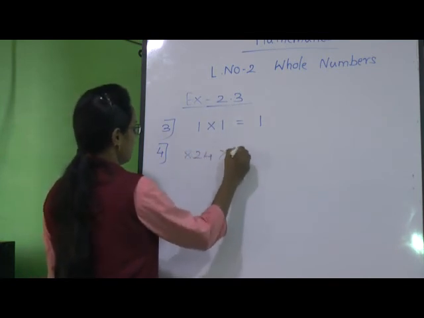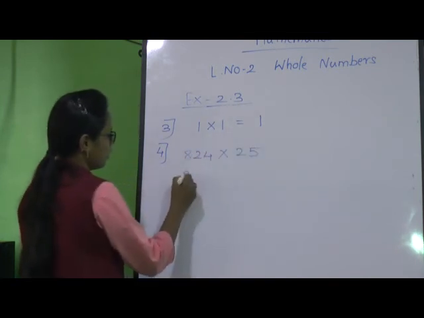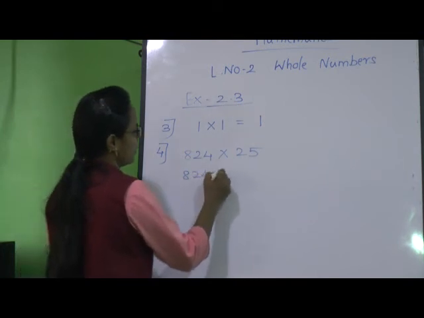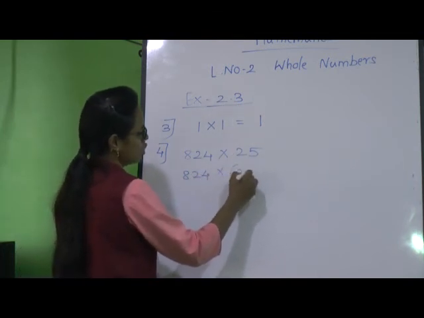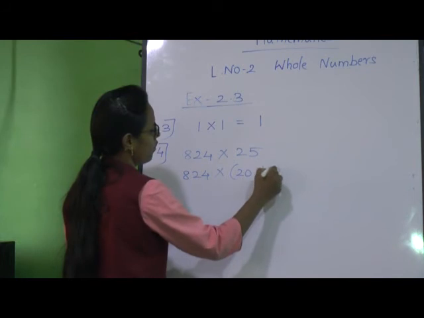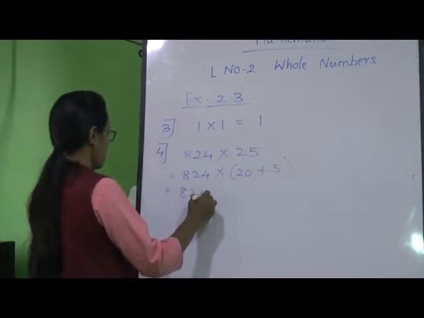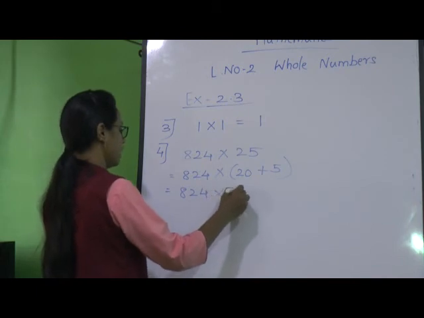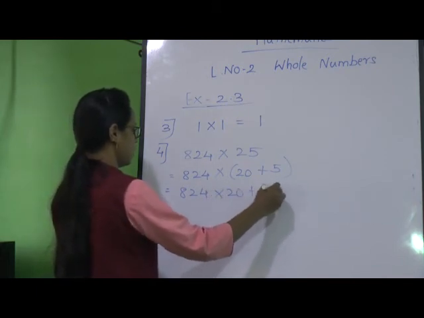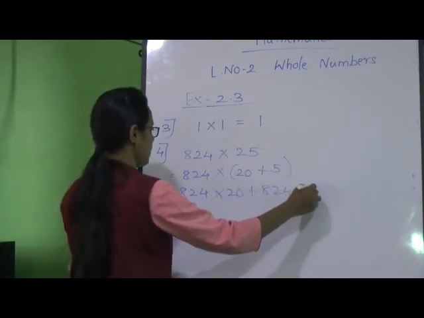824 multiplied by 25. Now 25 can be distributed as 20 plus 5. So 824 will be multiplied by 20 first, and then 824 will be multiplied by 5.